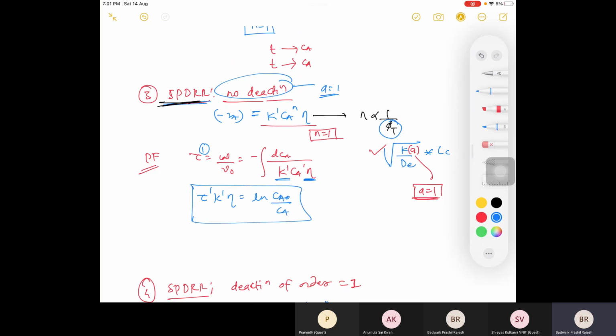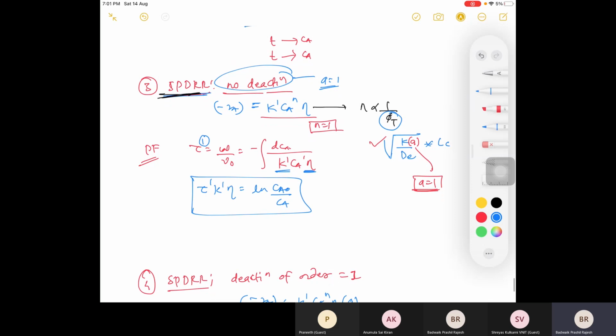You will get this equation. Okay, and you can convert this efficiency as 1 by theta. So you'll be having another equation as CA naught by CA is equal to tau dash K dash 1 by theta T. So these two equations you will get.